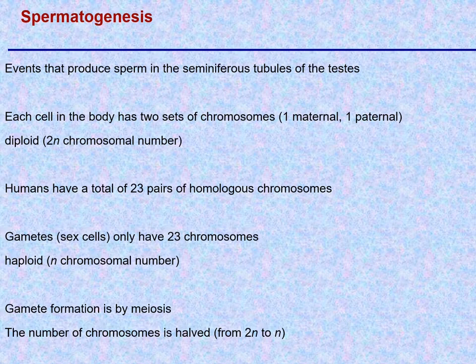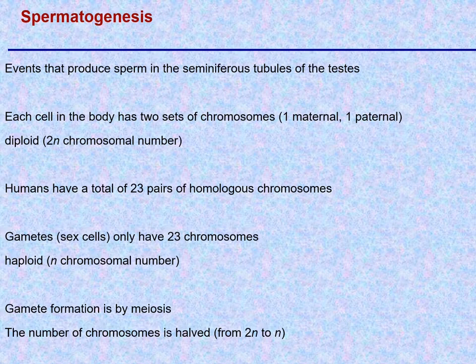So if we look at, let's say, chromosome 16, you have one copy of chromosome 16 from your mother and one copy from your father. These cells throughout your body all contain those two copies for each chromosome, and therefore are considered diploid. They have a 2N chromosome number.